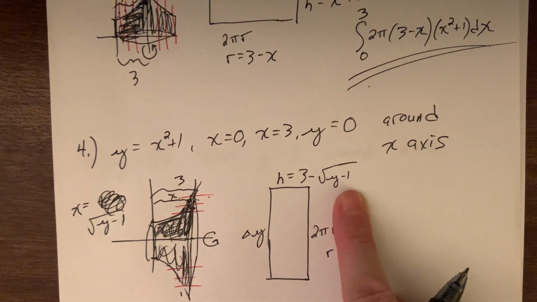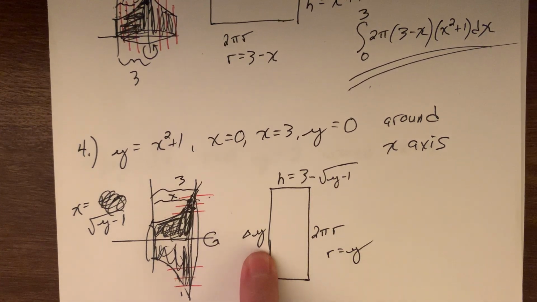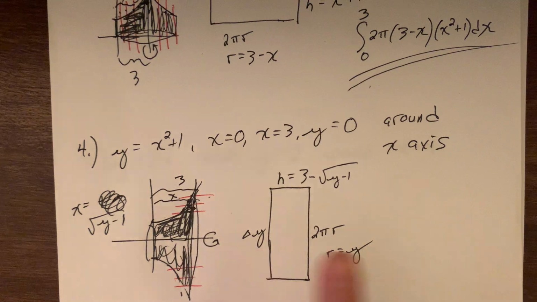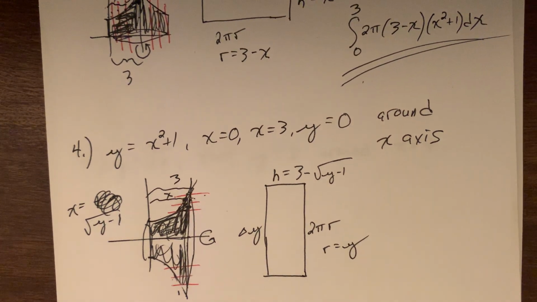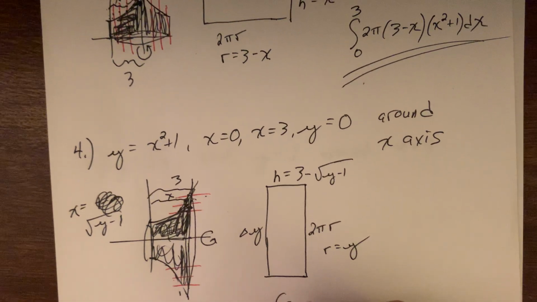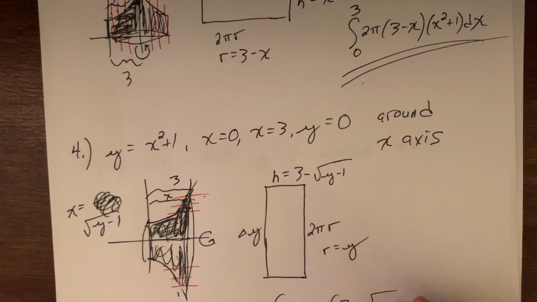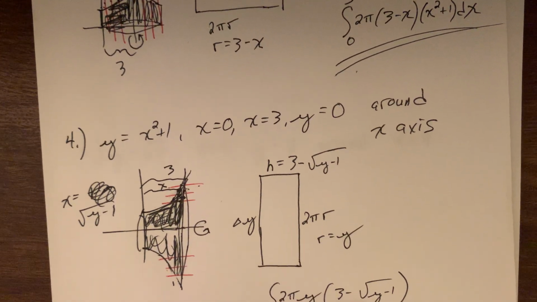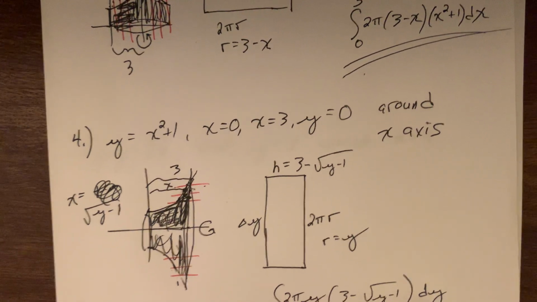And we're seeing it's almost like the double whammy, so to speak. I'm shifting this in terms of y, which is not as easy, and I have to deal with this extra little weirdness. So there's kind of a couple little pain in the butt aspects, but we're almost done though. We've got 2 pi r times the height, times dy for the thickness.